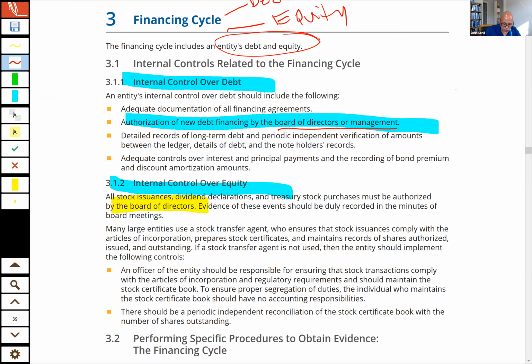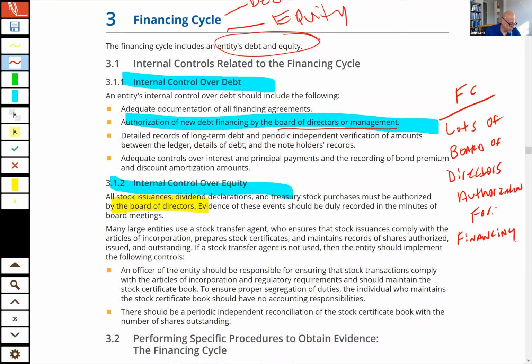So I'm going to ask you to do a little dictation flashcard here for me. Okay. So let's just go flashcard here. And the flashcard is going to say lots, L-O-T-S, as in lots of board of directors authorization for, let's go ahead and start with financing here, since we're in the financing cycle here, financing.